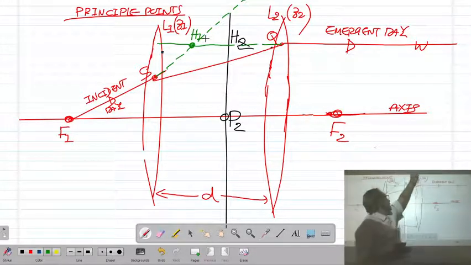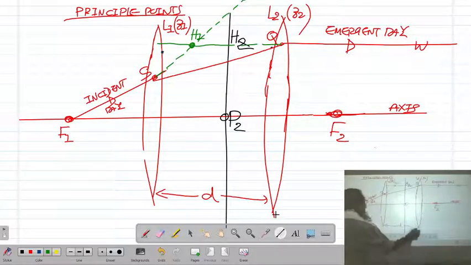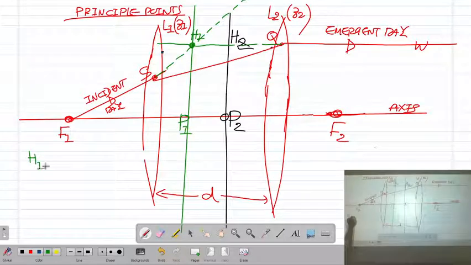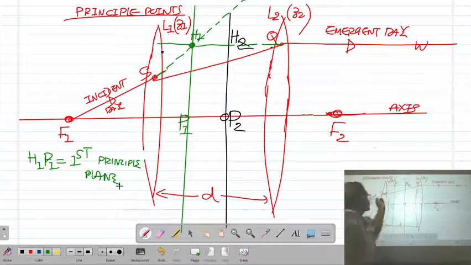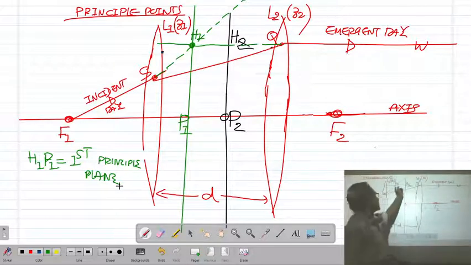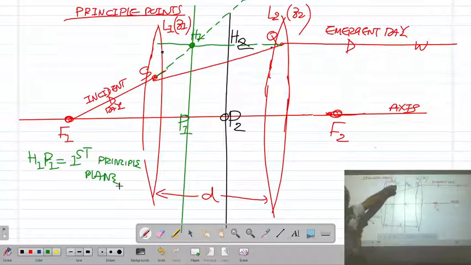So the incident ray F1S and the emergent ray are meeting at point H1.